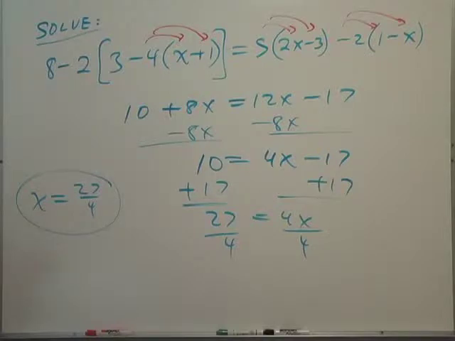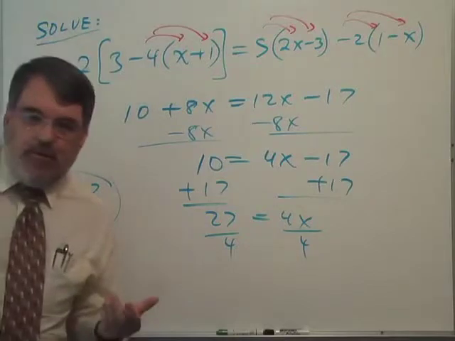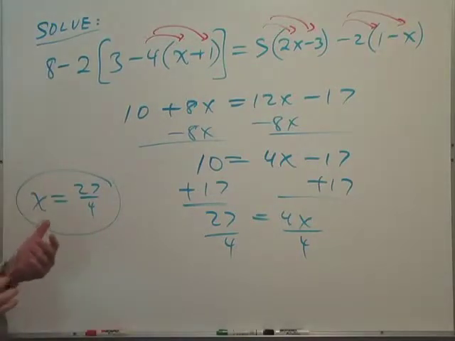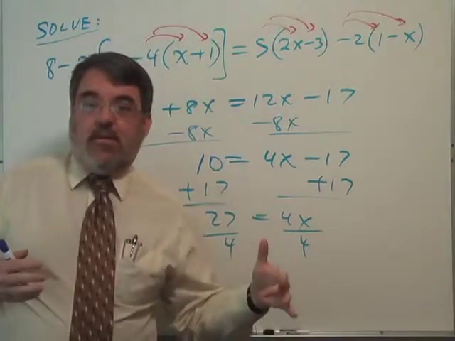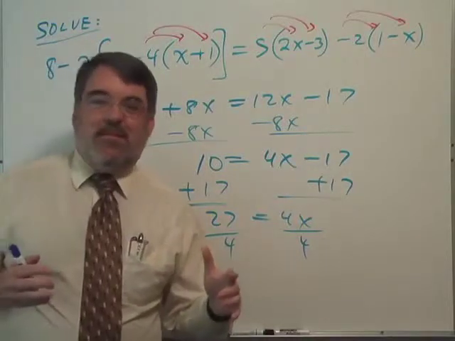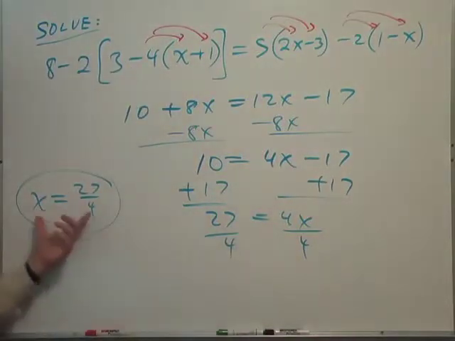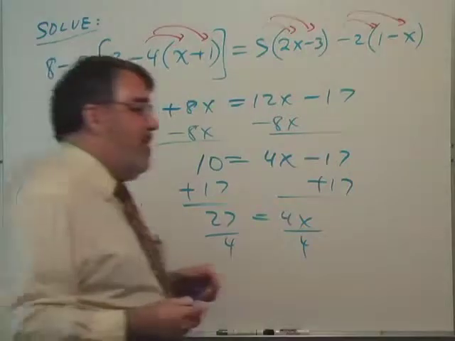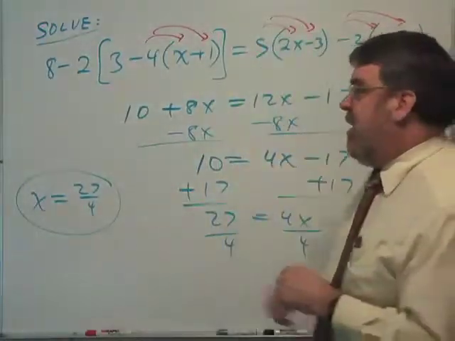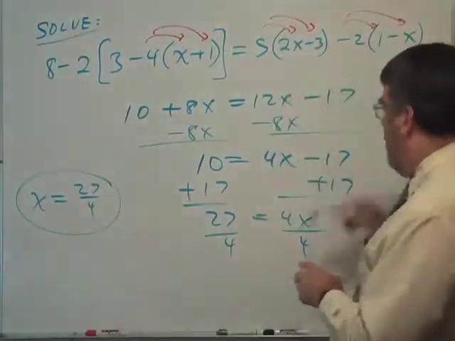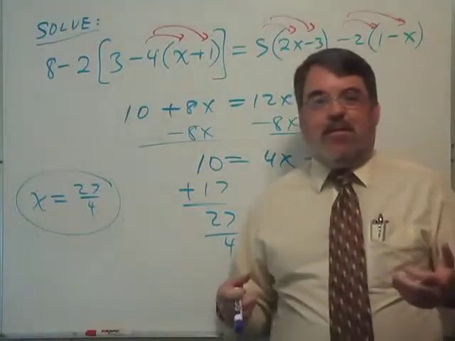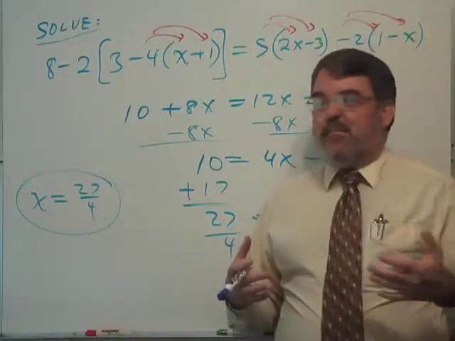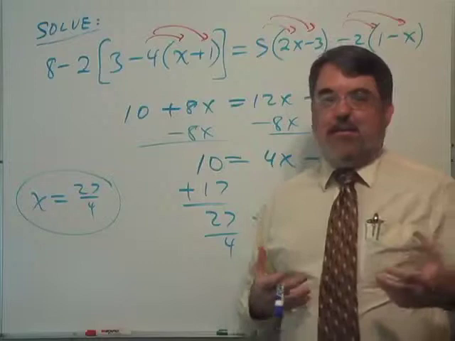Okay. One other thing I want to point out though is that the answer is not 27 fourths. The answer is not even 27 fourths equals x. Well, it kind of is, but really the answer is x equals 27 fourths. I think that's best communicated this way. If you just write 27 fourths, it's like a sentence fragment. It's like you're just kind of grunting the answer at me.